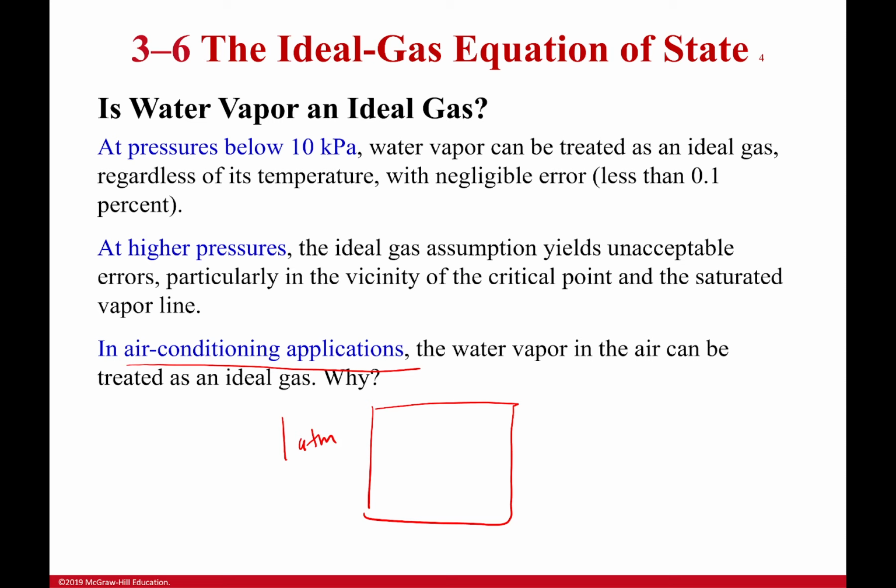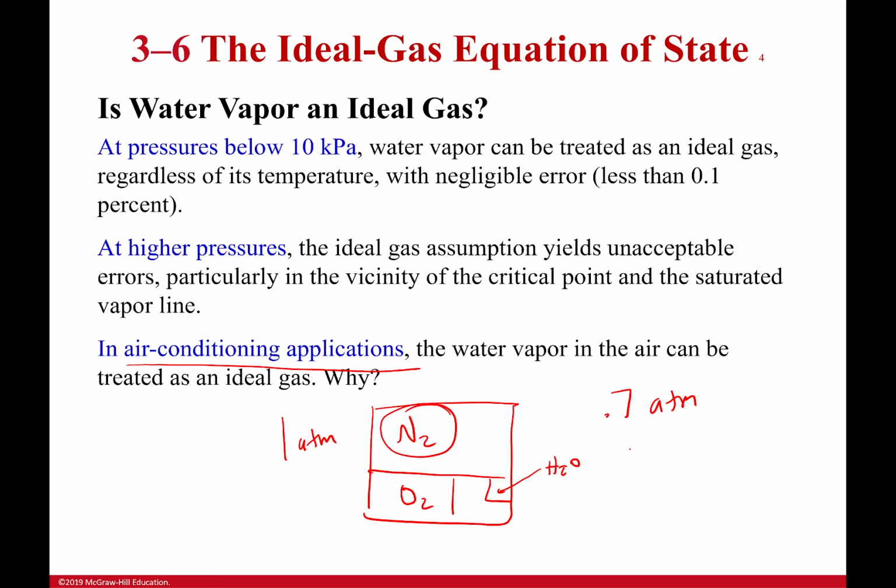However, air is made up of mostly nitrogen. Okay, so that is the grand majority of it. Then we have oxygen. Then we have other gases, and one of those is H2O. There's just a little bit of water vapor in air. Now, because there's only a little bit of water vapor in air, we can learn about something called partial pressure. Partial pressure simply says that just like nitrogen is most of the gas, it's also most of the pressure. So if nitrogen is 70%, then its partial pressure is like 0.7 atmospheres.